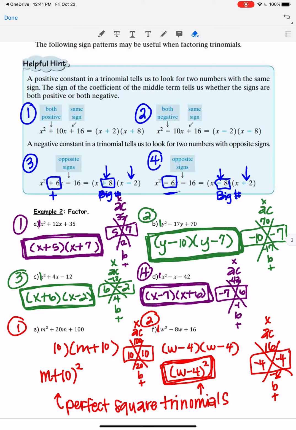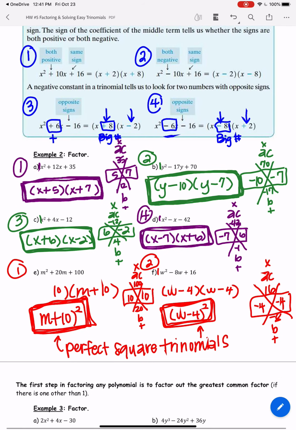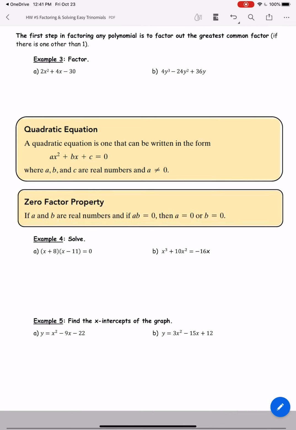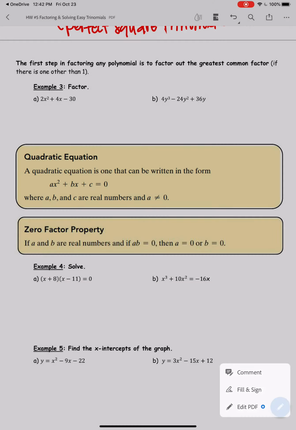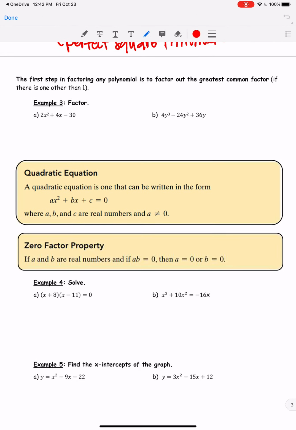So this last page here has a couple different things in it, but it's all basically the same. Any time you are factoring anything, what you need to look for first is always going to be, do you have a GCF? Do you have a greatest common factor?